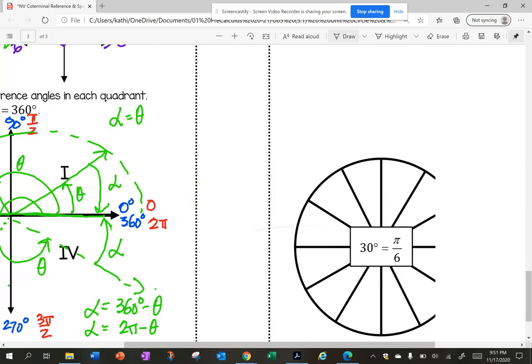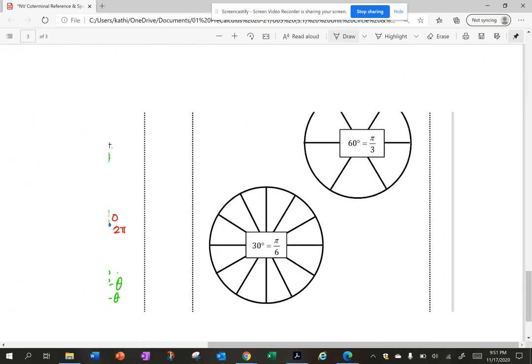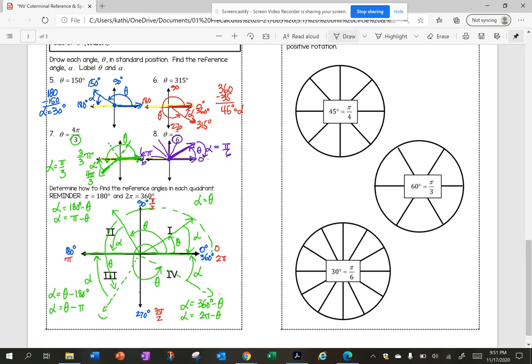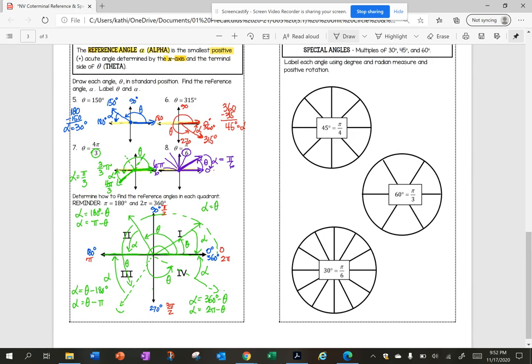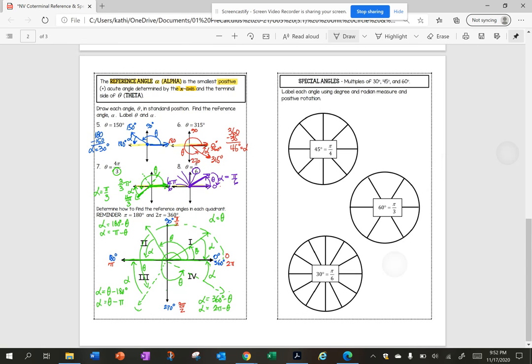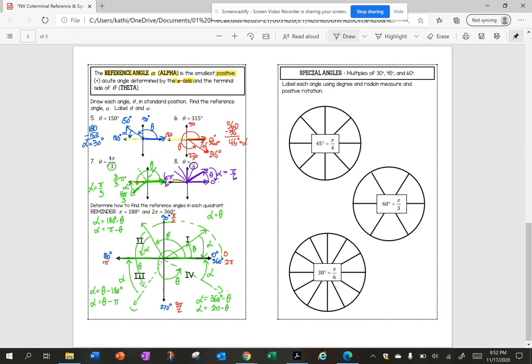Okay, we have some special angles that we are going to be interested in. Specifically pi over 4, 45 degrees, which is pi over 4, 60 degrees, which is pi over 3, and 30 degrees, which is pi over 6.